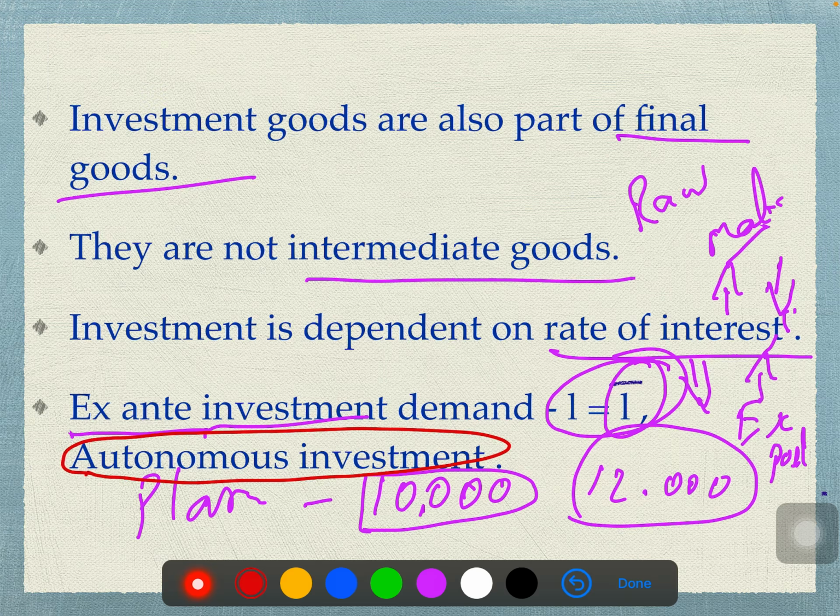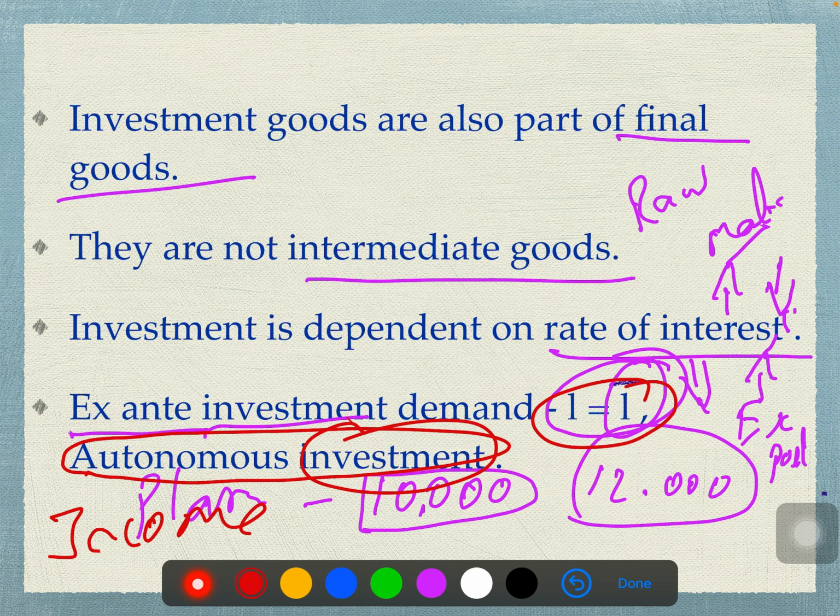Autonomous investment means the investment which is not dependent on income. So in this investment function, we are talking about only autonomous investment, not induced investment. That's the reason I is equal to I bar is the equation.